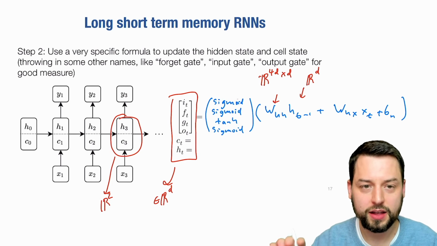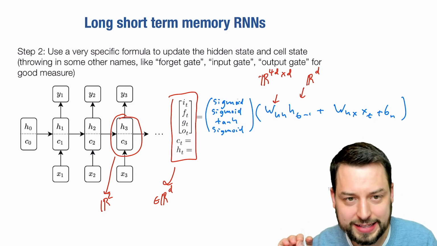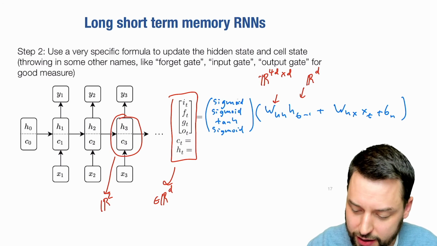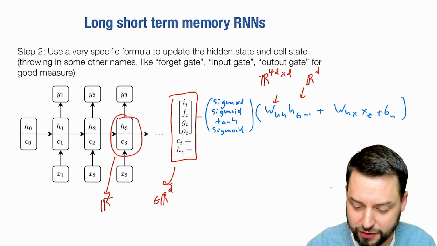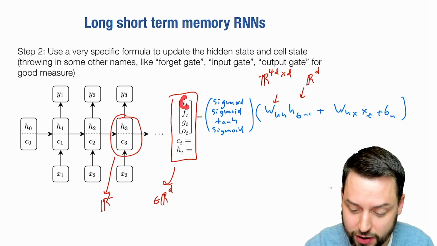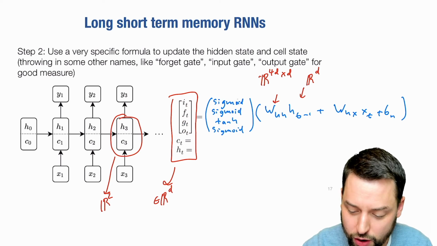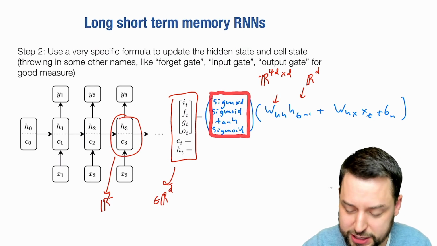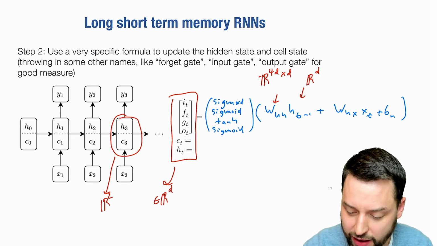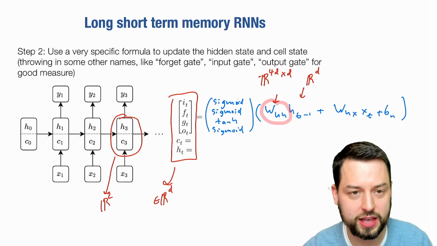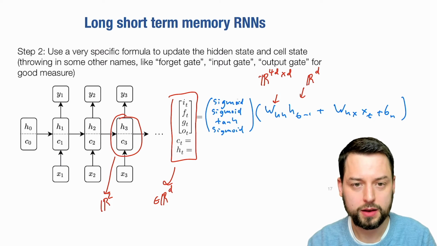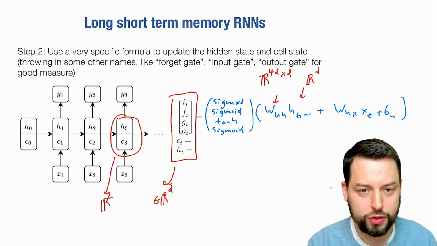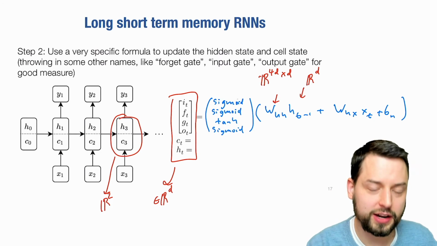Because it's mapping a d-dimensional vector h to a 4d-dimensional vector that we're going to split into 4 different components and call i_t, f_t, g_t, and o_t. We get these by applying different nonlinearities. But what this means is that we're taking W here, a large 4d by d matrix, forming all those different components and then applying different nonlinearities to all of them.